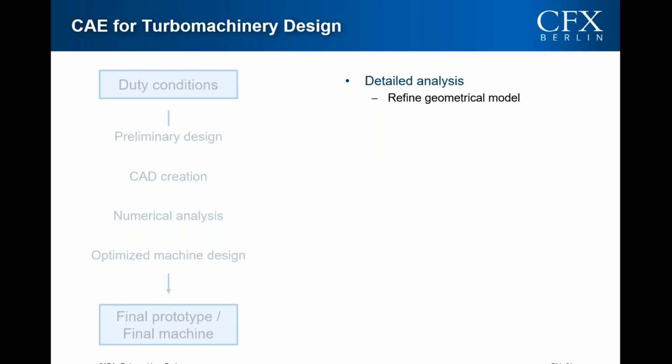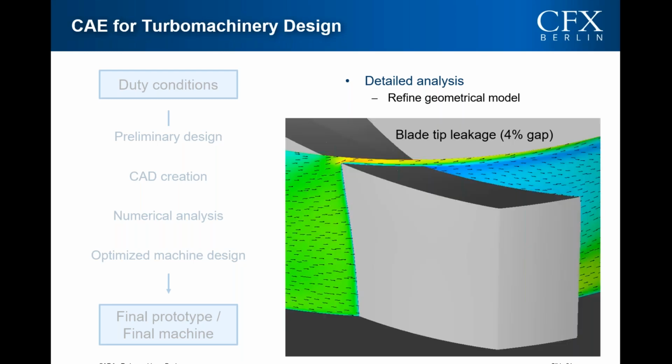Up to now, the model we used was pretty simple. It is a good idea to refine the model to include more real-world details. For our pump, the first step is to take into account the leakage. Here we have an open impeller, which means we have a gap between the blade tip and the casing.